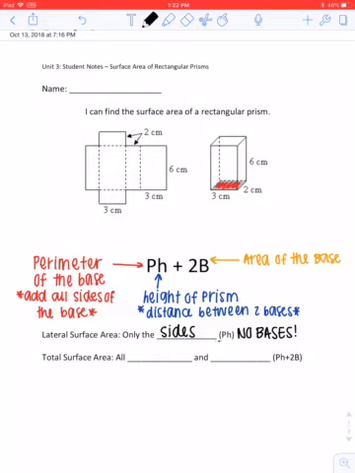To do that, you would just multiply perimeter times the height, just the first portion of our formula. And if that's lateral, then total surface area would be all sides and the bases, which would be our normal full formula there.